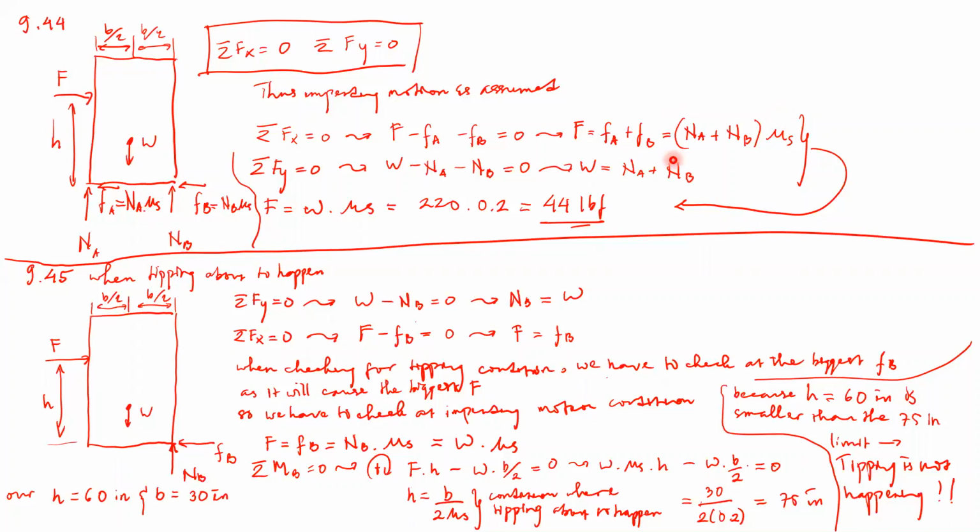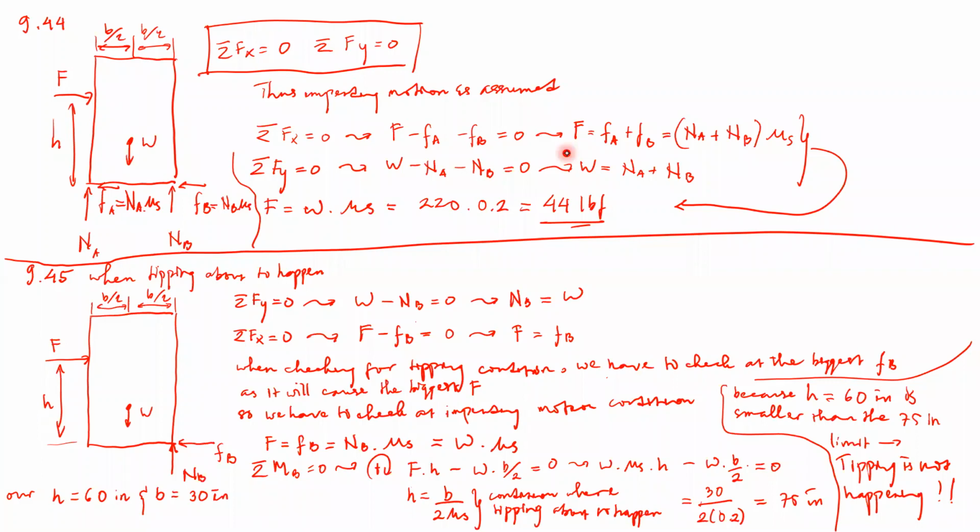The second equation is sigma Fy equal to 0. If going down is positive, we have W positive, Na going up negative, Nb going up negative. That's why we have W minus Na minus Nb equal to 0. So W is equal to Na plus Nb.